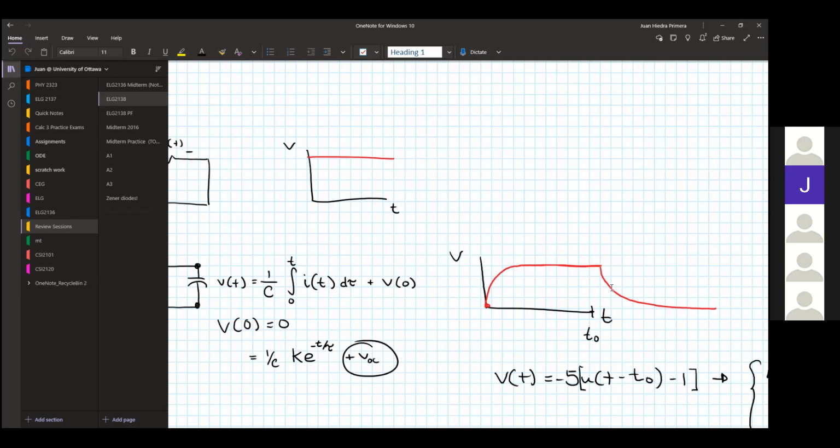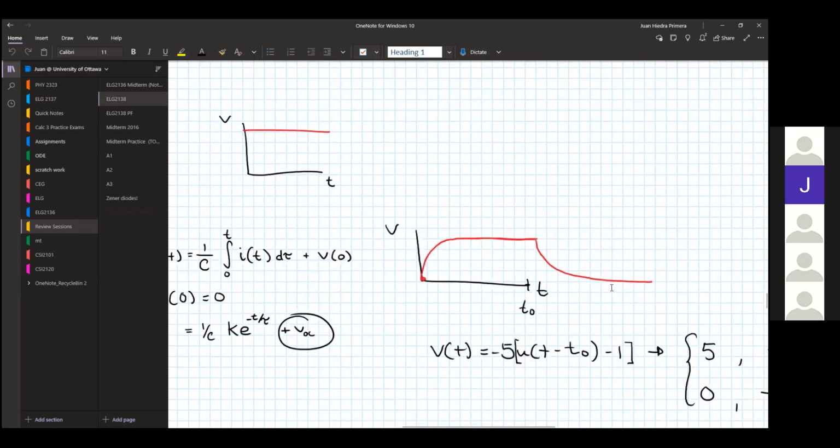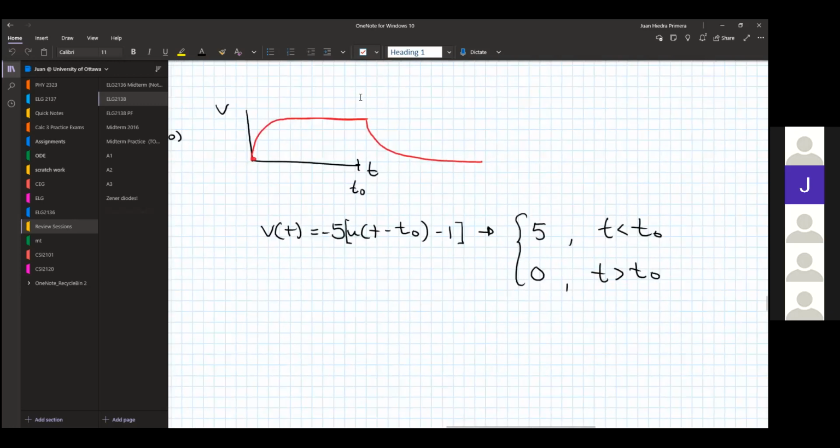This would be 5 at t less than t naught, and 0 at t greater than t naught. So this curve is what you would see if you have a step function that was 5 up until this point, and then dropped to 0 onwards. You would have that it goes up and then it discharges.